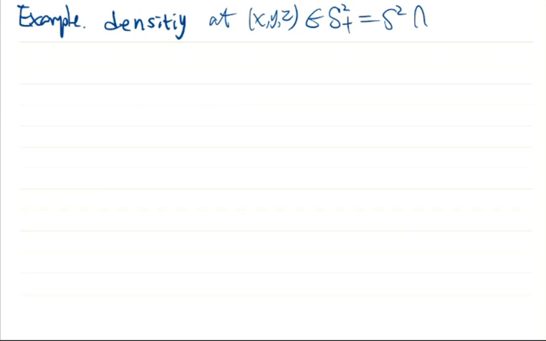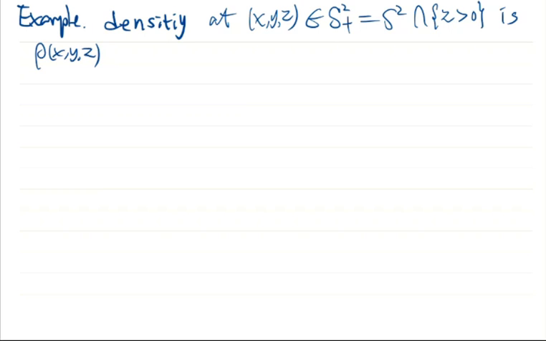Suppose, we still consider the mass problem, the density at the point (x, y, z) in the upper half sphere, that is S2 intersected with z positive, is rho(x, y, z).